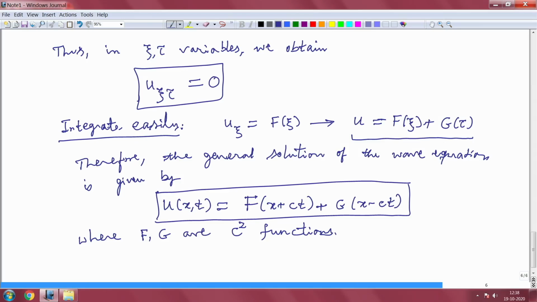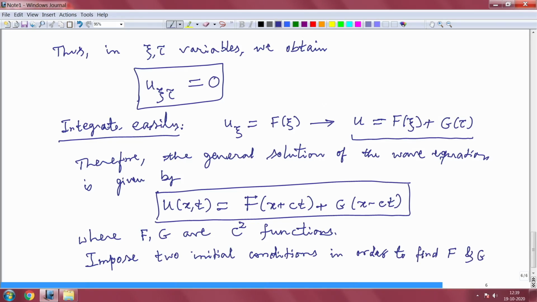We impose two initial conditions in order to find f and g, and this will lead to D'Alembert's formula, which we will take up in the next class.